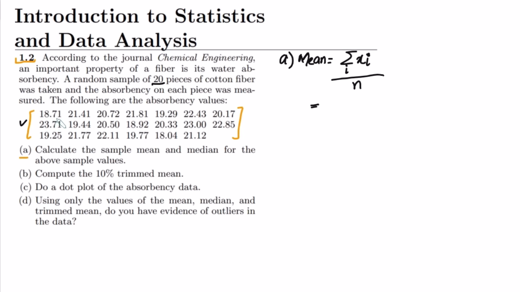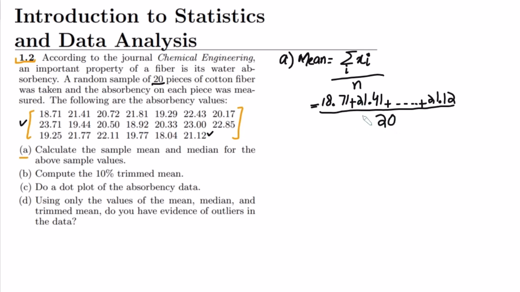So 18.71 plus 21.41 and up to the last value, which is here. This is 21.12. So adding them all together and dividing it over the number of samples here, that is 20.